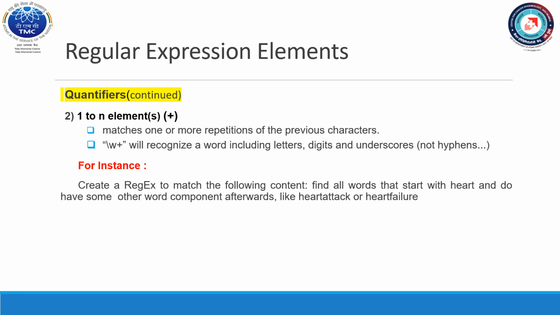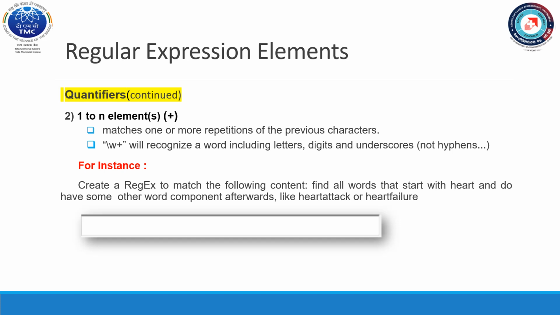Find all words that start with heart and have some other word component afterwards, like heart attack or heart failure. The regular expression is heart[a-z][a-z][a-z]+. The plus quantifier defines one or more number of characters after the word heart.